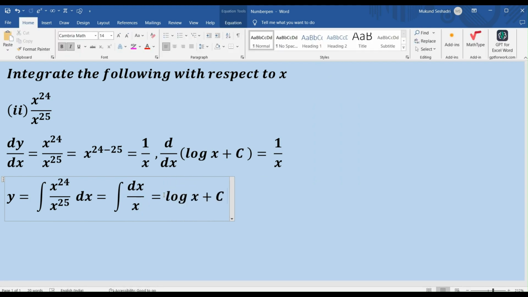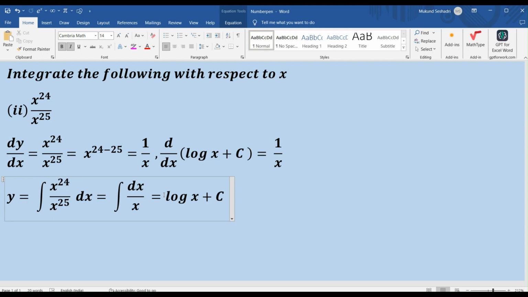But then there's a small correction that we'll have to make to this particular final answer. And what is that? We know that when we have log of a variable, the variable always has to be positive, because log of a negative number does not exist.